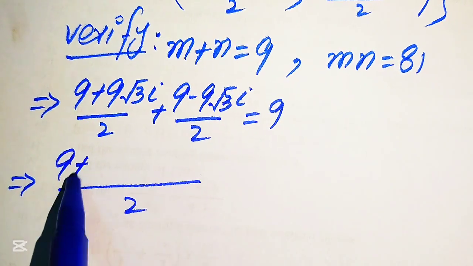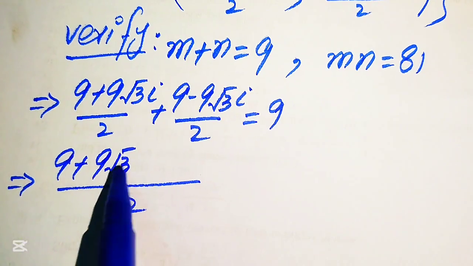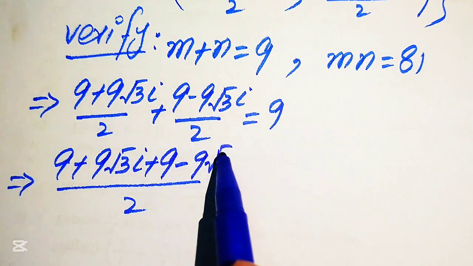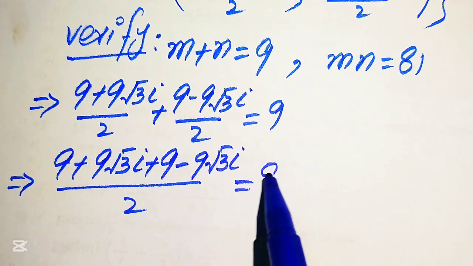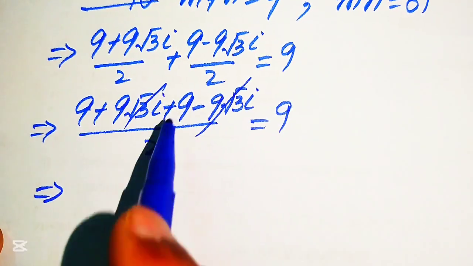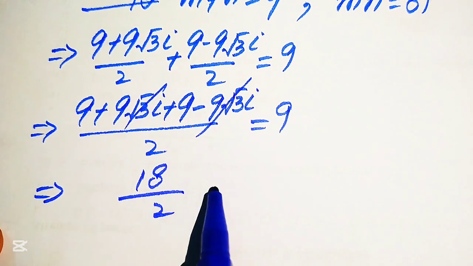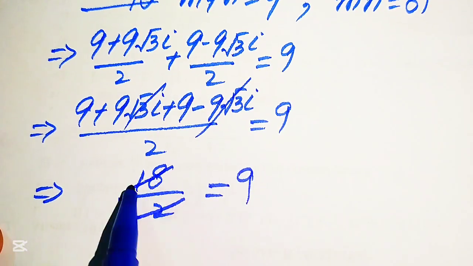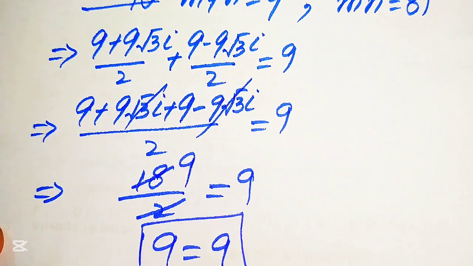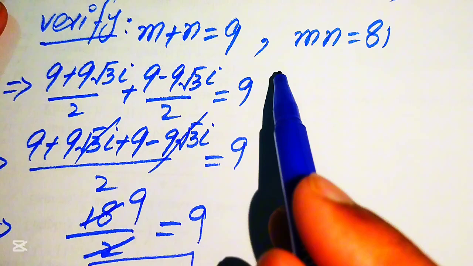We get 9 plus 9 times the square root of 3 iota plus 9 minus 9 times the square root of 3 iota equals 9. So you see here this and this term are gone, and we get 9 plus 9 is 18 over 2 equals 9. 2 nines are 18, and we get 9 equals 9. This shows that the values of m and n satisfy the first equation.